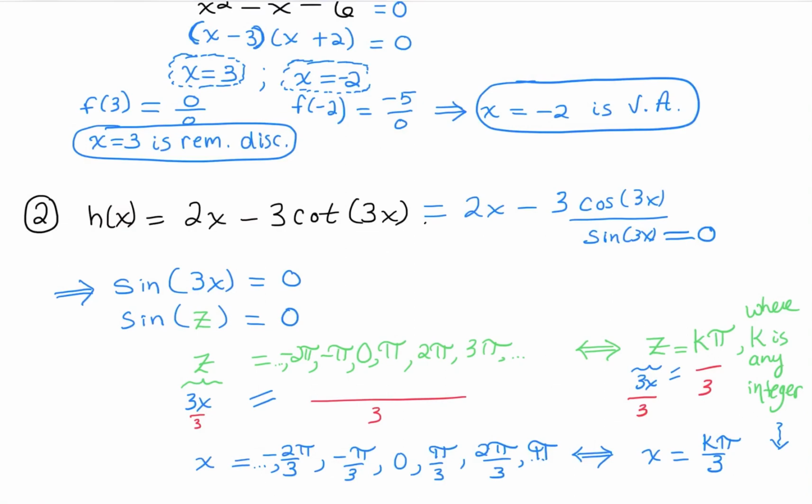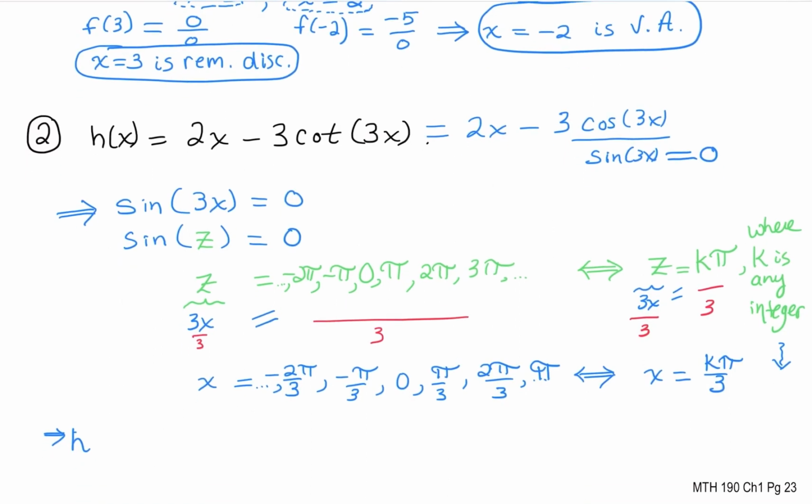Now, sine and cosine of the same angle, cosine of 3x, sine of 3x, are never equal to 0 at the same time. Sine of theta and cosine of theta are never equal to 0 at the same location of theta. So this means if we subbed all of these values back in, if you were to evaluate h of any of these k pi over 3's, you're going to end up with obviously 2 times k pi over 3.